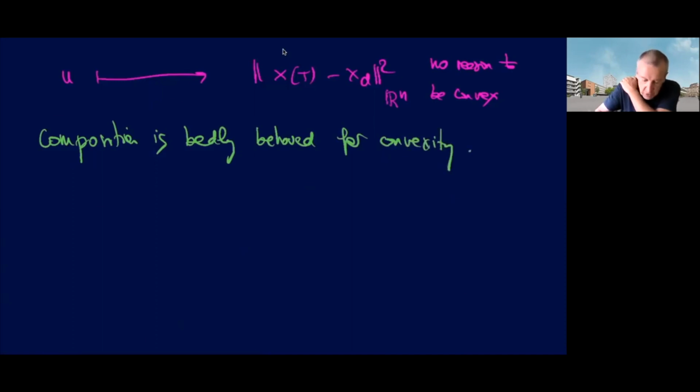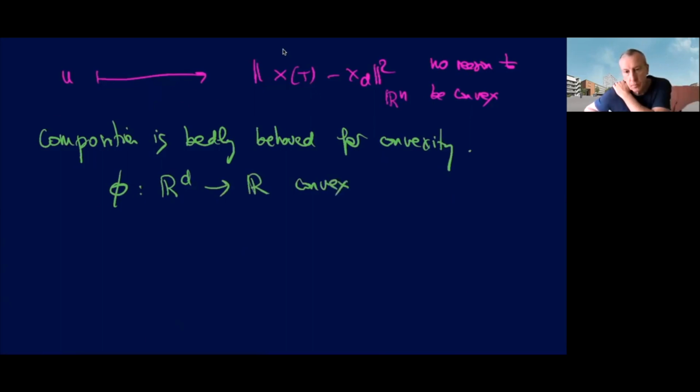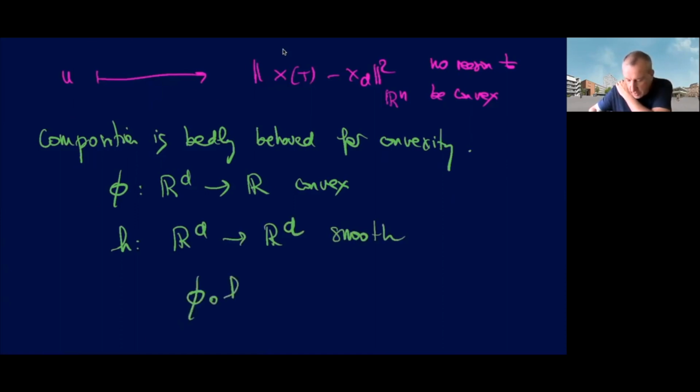Take a function phi which is convex. And now take another function h that goes from R^d into R^d, smooth. Can I say that phi composed with h is convex? When can I say that phi composed with h is convex?